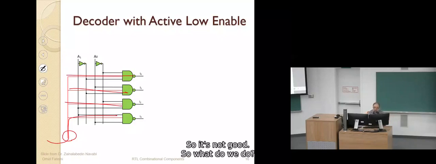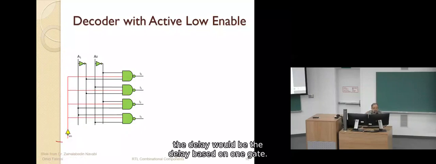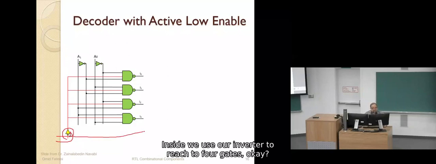So it's not good. So what do we do? We put this. Now if they use this design, the delay would be based on one gate, not more. And inside, we used our inverter to reach 4 gates.